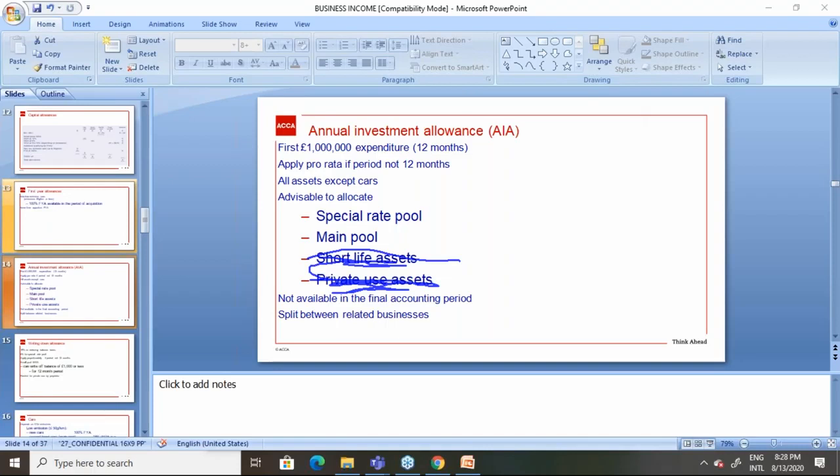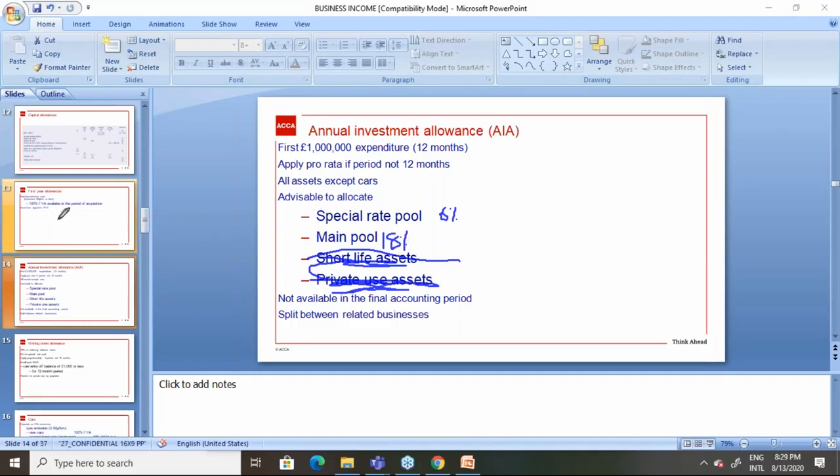it is always advisable for you to claim annual investment allowance on special rate pool. Because if you miss the opportunity on special rate pool plant and machinery, you can claim WDA at 6% only. But main pool, even though you miss the opportunity of claiming annual investment allowance, still you're in a position to claim WDA at 18%.